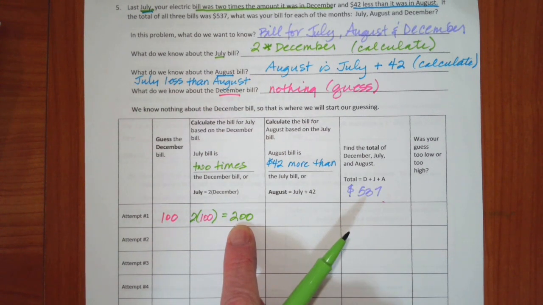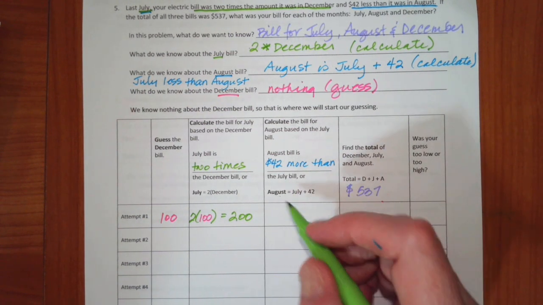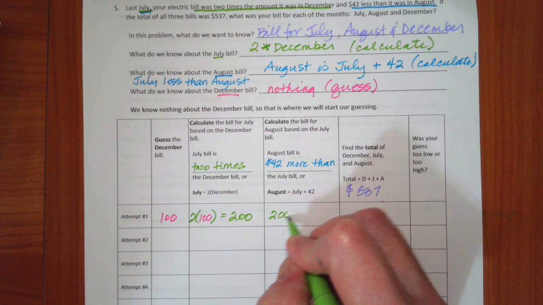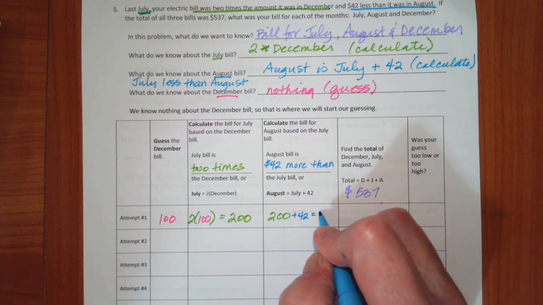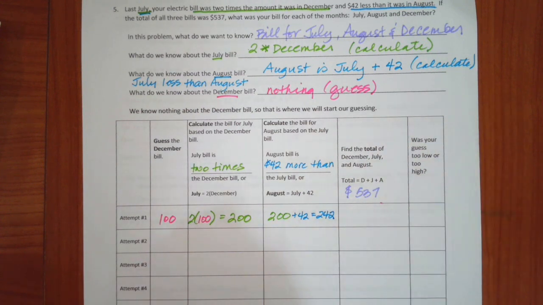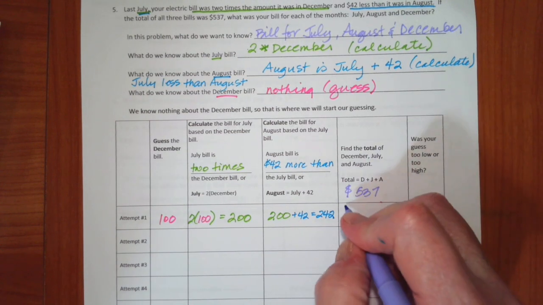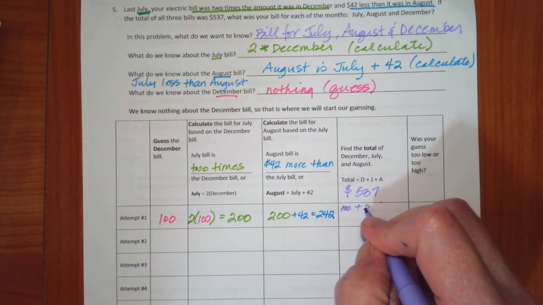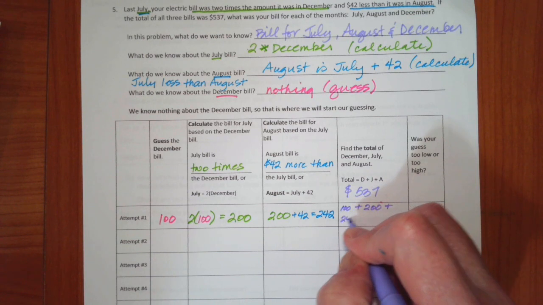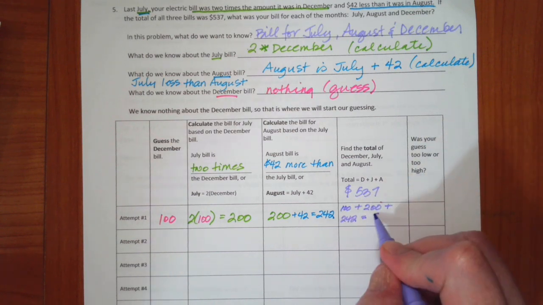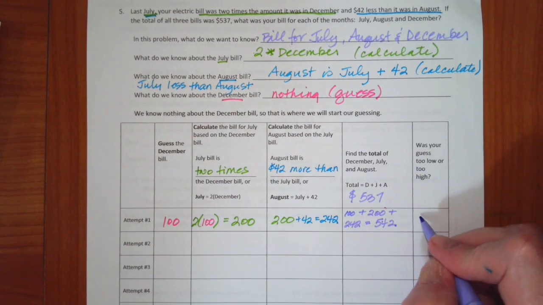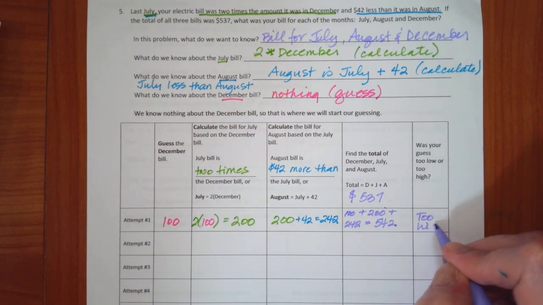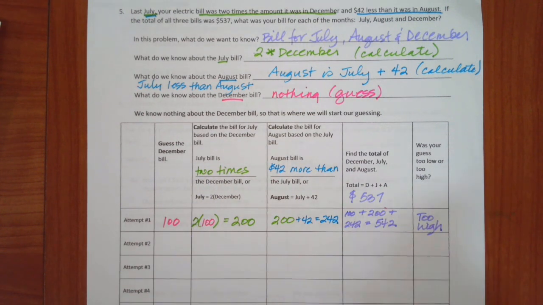Then to find August, I'm going to take July plus 42. And when I add all those up, 100 plus 200 plus 242, that gives me 542. I wanted 537, so this is too high. Not by much, but I'm going to have to adjust down.